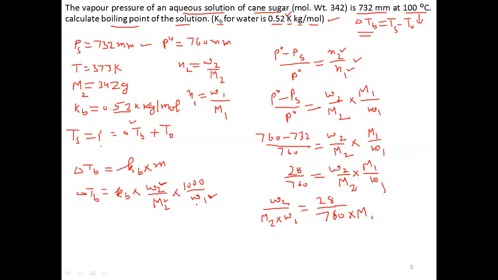So we can put it here. What we have for delta TB now: I have calculated W2 divided by M2 into W1 using this data, and I will put this value here.